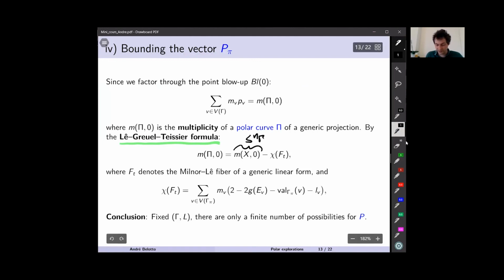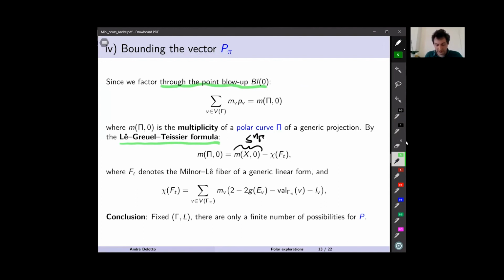The multiplicity is bounded by M gamma, so it only depends on the topology. And since it factors through the point blowing up, we can compute directly over the resolution graph how much this Euler characteristic is, just by using topological techniques with the fiber, and it's only going to depend on M, on the multiplicity, which we know is bounded. We bounded MV times LV, so we bounded M.